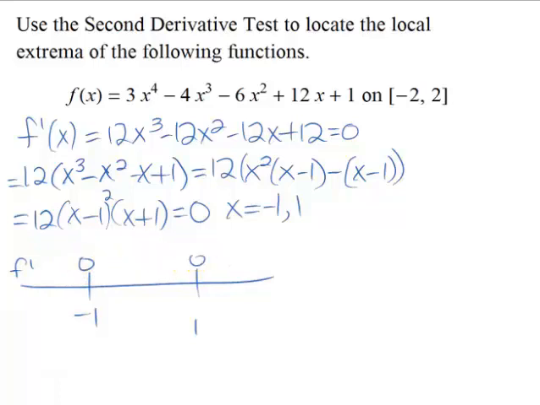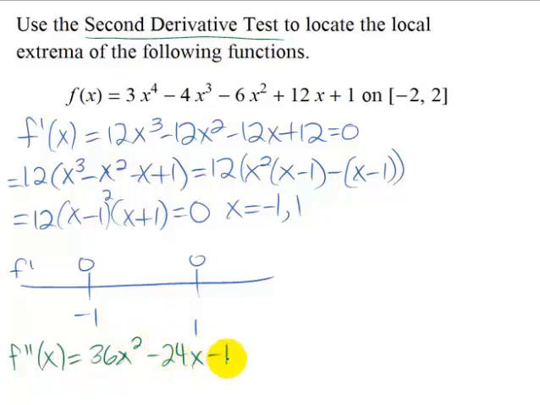Now we could test numbers on these various intervals to see whether it was increasing or decreasing to determine if these are maxes or mins, but another way we could do it is using the second derivative test. That's what we're going to do here. So we're going to find the second derivative of this function, and that's going to be 36x squared minus 24x minus 12.